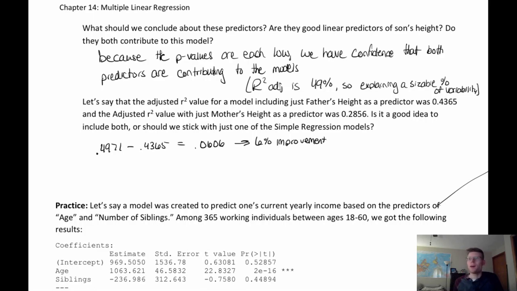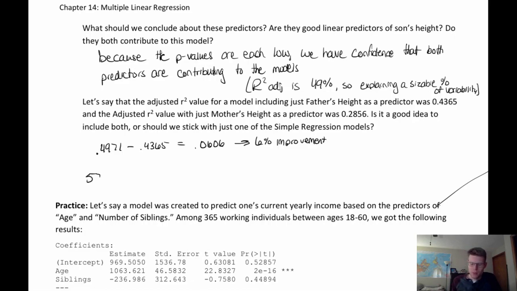And if you also think about the fact that in the case of the best solo predictor model, there's about 57% unexplained variability if we only include father's height, and we improve that to about 51% when we have both father and mother's height. So we are explaining a good chunk of the remaining variability.